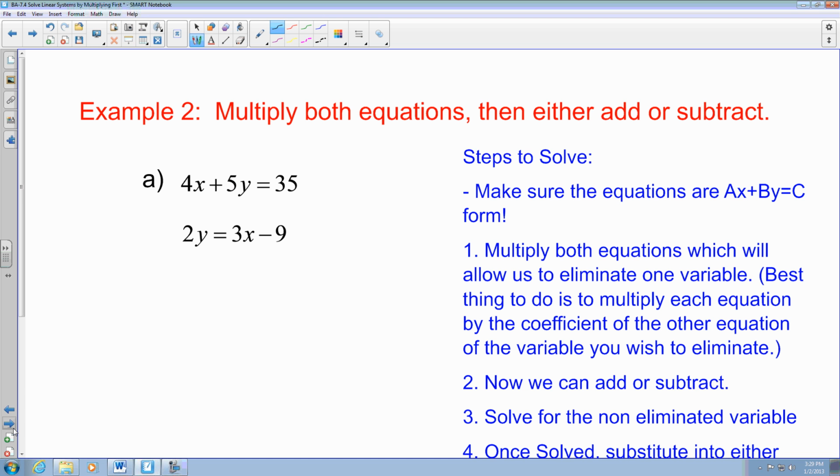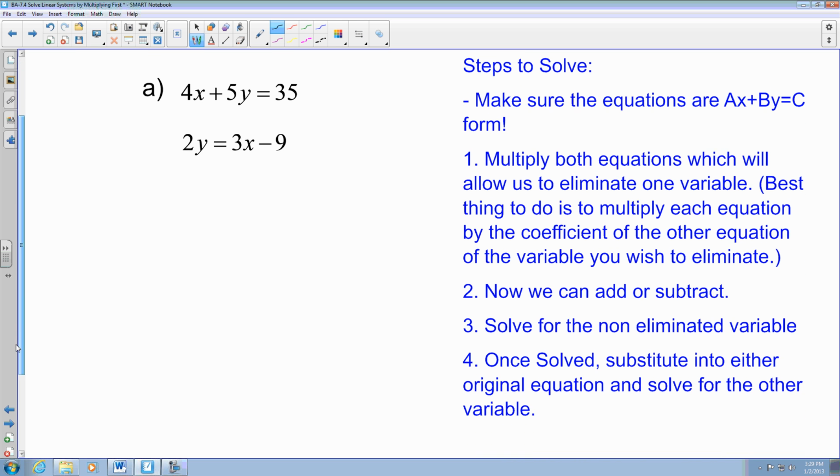For instance, I'm going to look at a. My first equation is in standard form, but my second equation is not. In order to do that, I have to subtract 3x from both sides, which gives me negative 3x plus 2y equals negative 9.